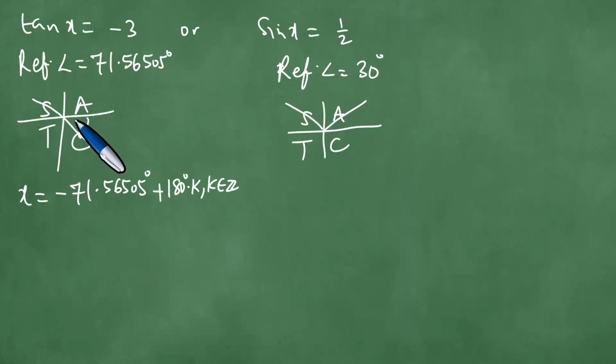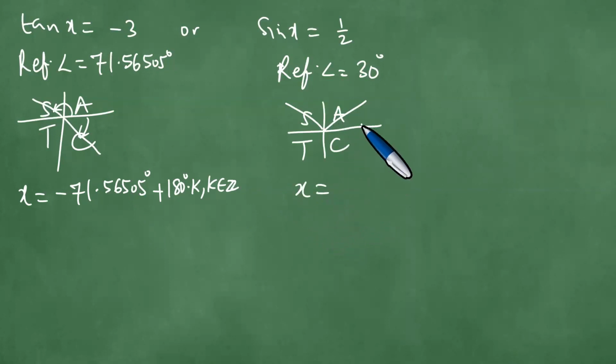But we also have another solution that is an angle that sits here in the second quadrant, that is going to be 180 minus 71.56505, but it's already taken care of. So this solution takes care of those two solutions in the quadrants. So we come to this part here, and here we have x equals.